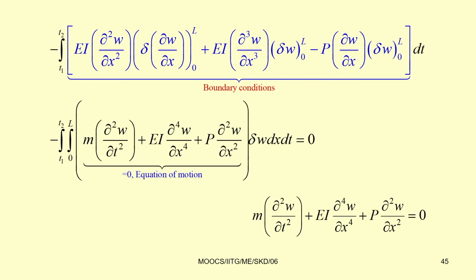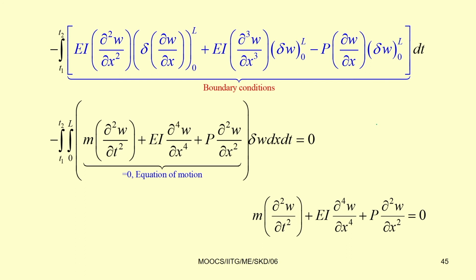So, 4 different boundary conditions are generally there in case of the beam: either displacement will be 0, slope will be 0, bending moment will be 0, or the shear force will be 0.